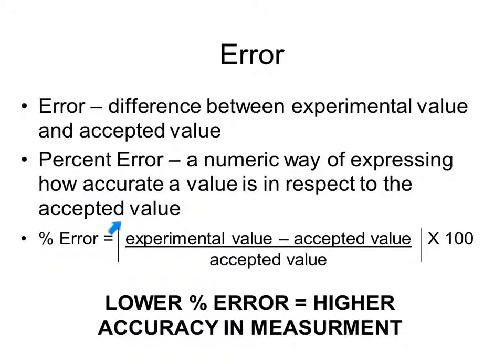And the percent error is the better term to use because the percent error looks at the error relative to the accepted value. It gives you basically a relative amount.